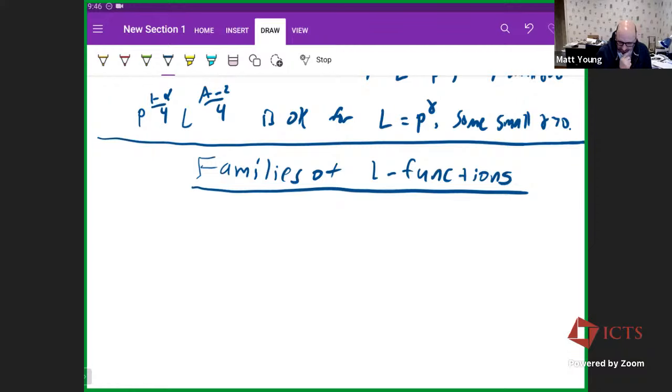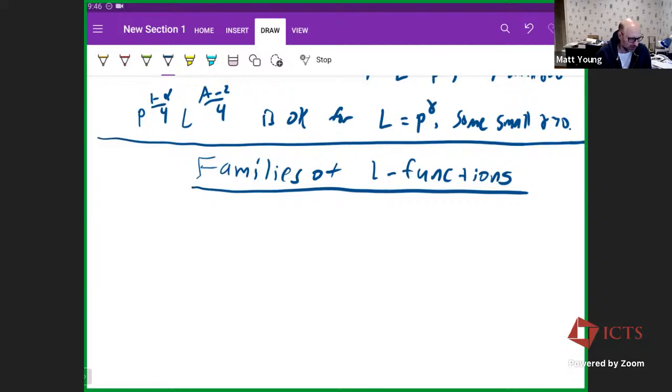So what's a family of L functions? It's a little bit hard to define precisely. There are a few papers on this in the literature, and they give slightly different definitions. But in practice, there are some examples of things that everyone agrees is a family.